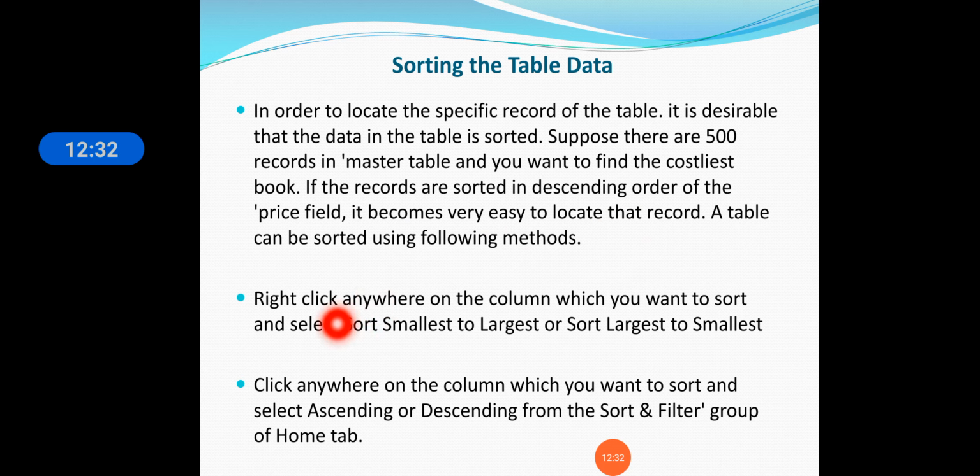Just right click anywhere on the column and select sort smallest to largest or sort largest to smallest. Okay, you can use filter. Click anywhere on the column which you want to sort and select ascending or descending from the sort and filter group of home tab. So this we have seen in the live class.